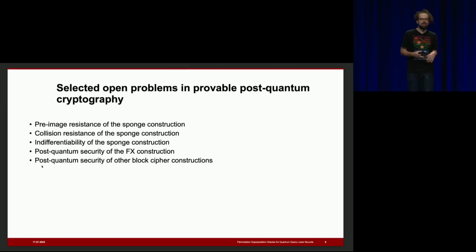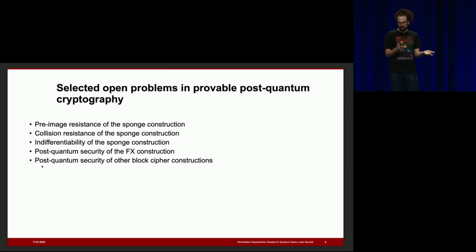Here I have a small list of open problems in provable post-quantum cryptography. The first three of them relate to the so-called sponge construction, which is used in SHA-3, and reflect the fact that we know almost nothing about its provable post-quantum security. And then there's a couple of other questions, especially about block cipher-related constructions.